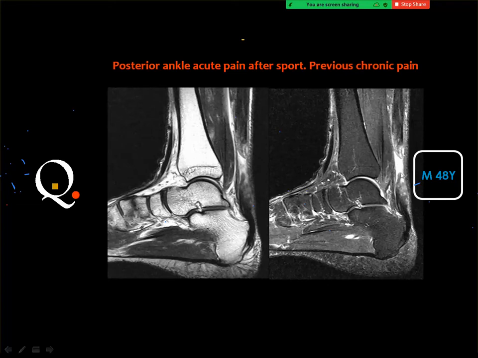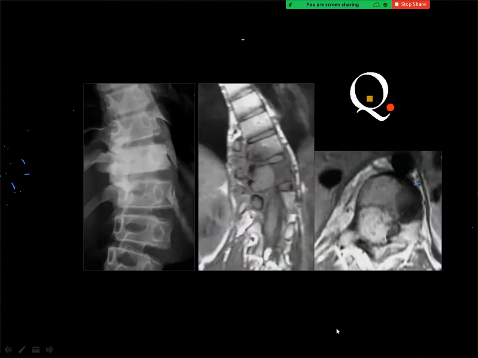Is it fluid or blood or fat? This information is no more of value, but all that is needed is to measure the gap and to measure the distance from the cut edge to the insertion site of the Achilles tendon. Then next case.